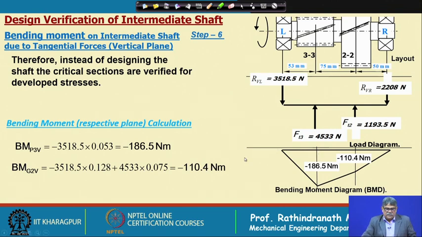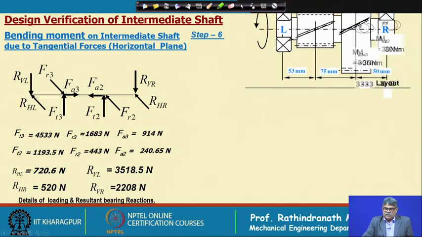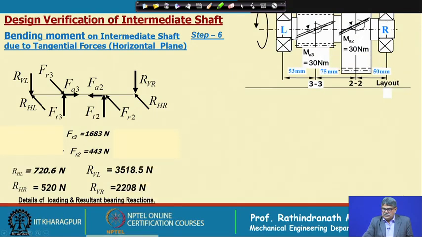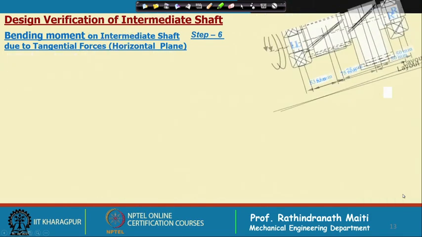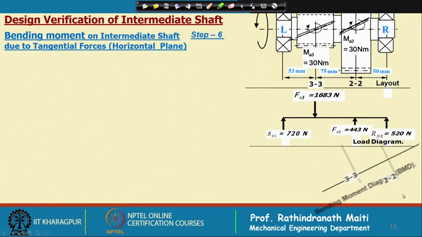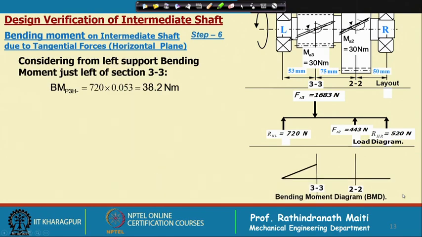In the bending moment diagram, again as it is bending in the upward direction, we draw the bending moment in this direction, and these are the bending moments at these two sections. We have considered these two sections as the bending moments are changing. Similarly, for the horizontal plane, first of all we consider the shear force diagram, and next we consider the bending moment diagram in the same way.